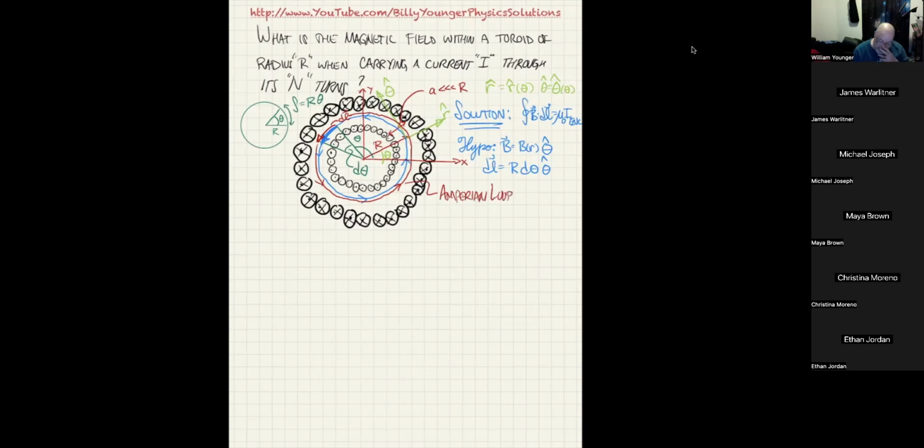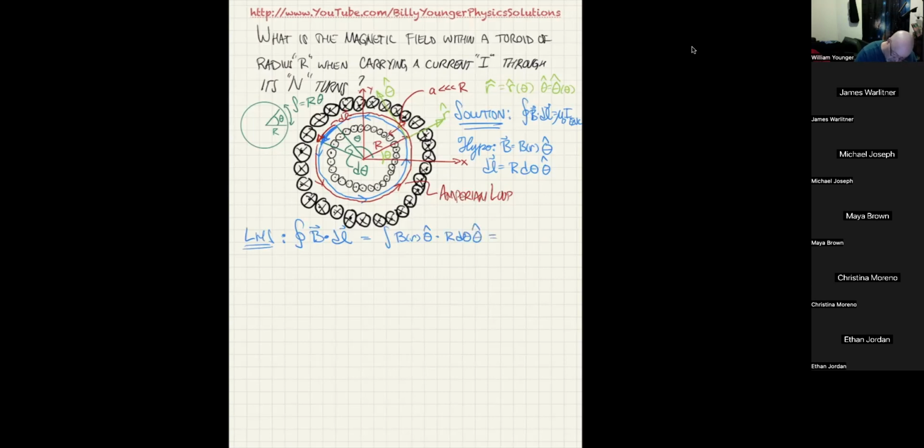So there's my Amperian loop. Now I can go ahead and start off with my left-hand side. The closed integral of B dot dL is in fact equal to the integral of B of r theta hat dotted with r d theta theta hat.